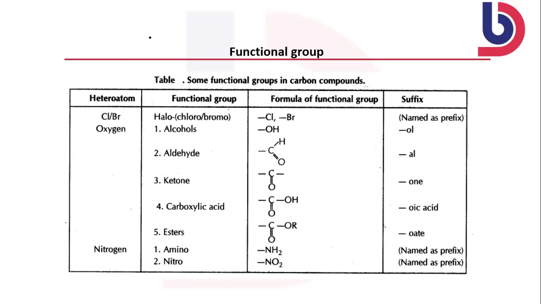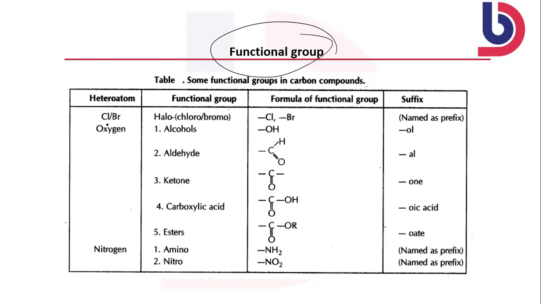Now the carbon is not satisfied with the hydrogen. Now these functional groups basically want to be a friend of carbon. They want to make a bond with carbon, and carbon also agrees to make a friendship with these functional groups.